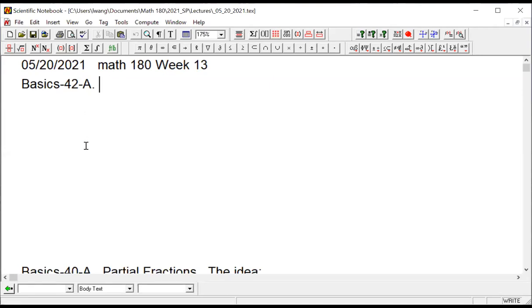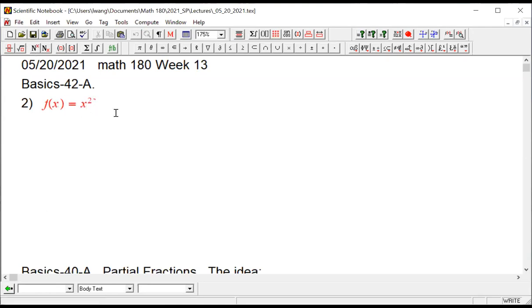For 42A, it's to find the inverse. And we know that only a one-to-one function has an inverse, right? To find the inverse, there's a general procedure. I'm going to use number 2 as an example. f of x equals x squared.